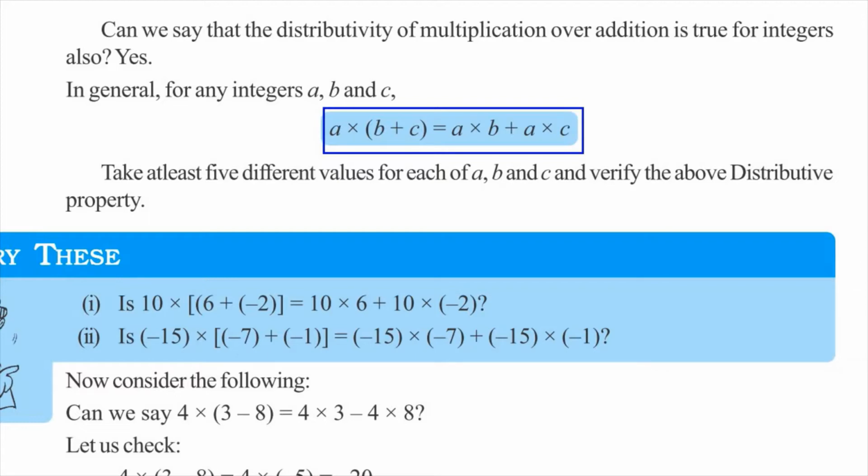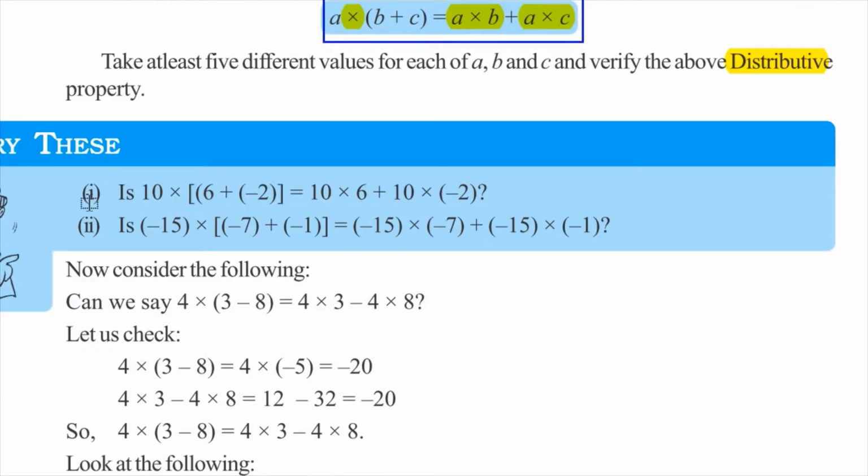So the first group is this one, that is a into b, and the next one is a into c. So we have distributed this product operator over b and c and we have kept the sum operator as it is in between them. Take at least 5 different values for each a, b and c and verify the above distributive property.